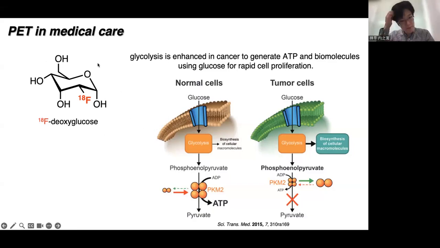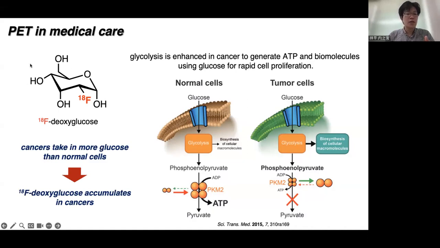I will explain. You may know glycolysis, which is one of the metabolic pathways for generation of energy. And this glycolysis is highly enhanced in cancers for generation of ATP and biomolecules. So that's why cancer uses more glucose than normal cells for rapid cell proliferation.